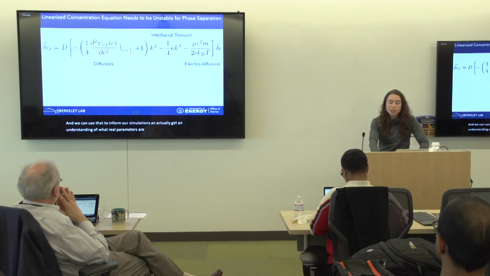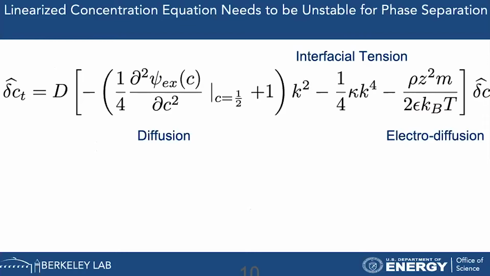And the parameters we do have control over are this excess free energy, which describes the tendency for the two different molecules to phase separate, which I mentioned will be something like a double well potential, because we know that they want to be in separate phases, and also this kappa term, which controls the interfacial free energy in the system.